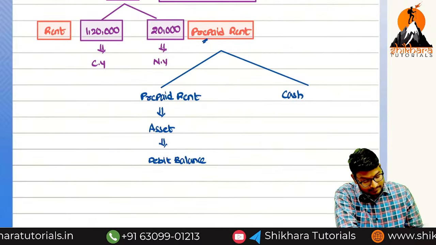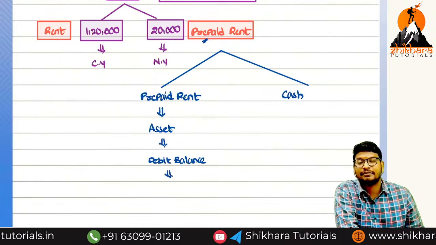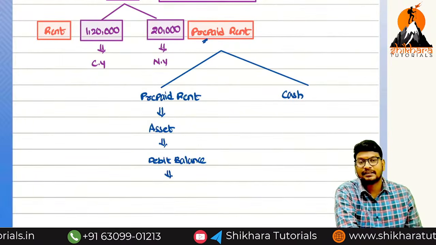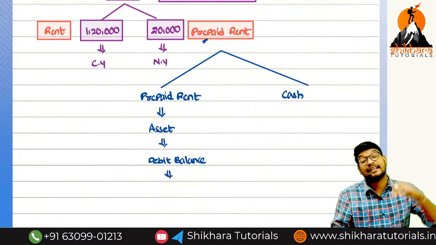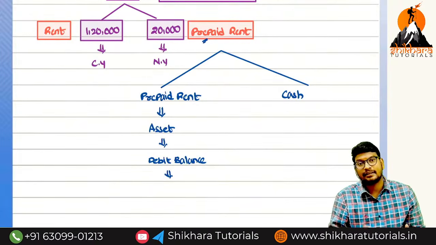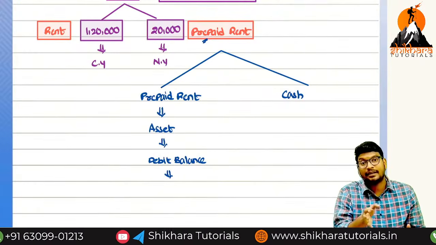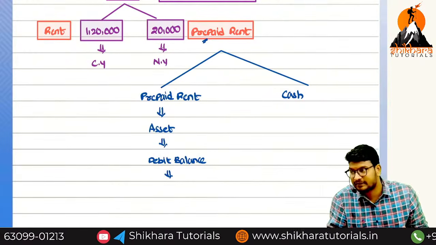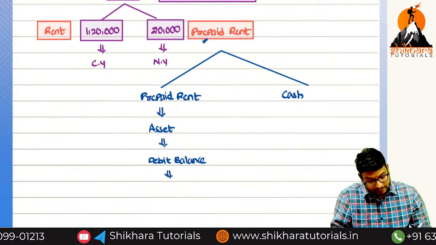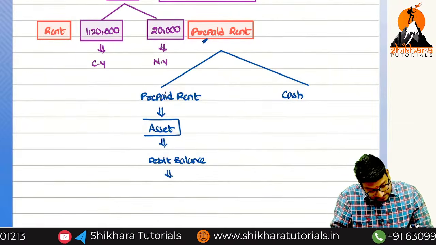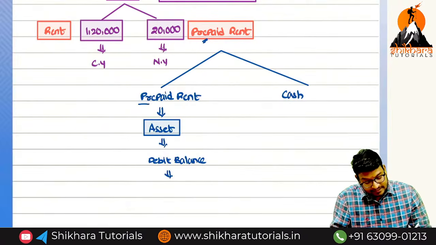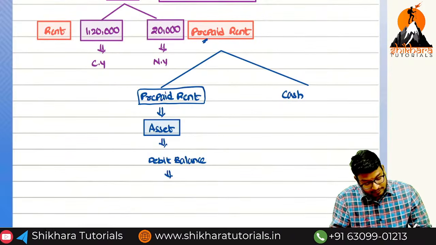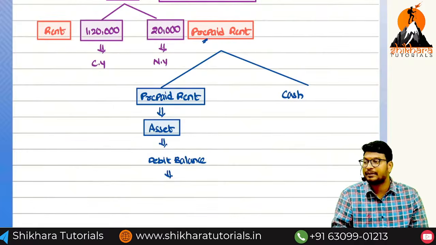Now we have to decide whether it is an increase or decrease. Now only the asset is created. In the next year, by the end of each month, the asset value will decrease. Previously we did not have any asset with the name of prepaid rent.